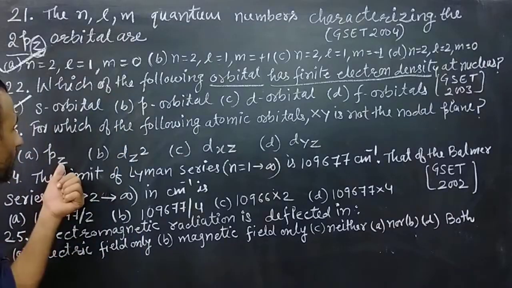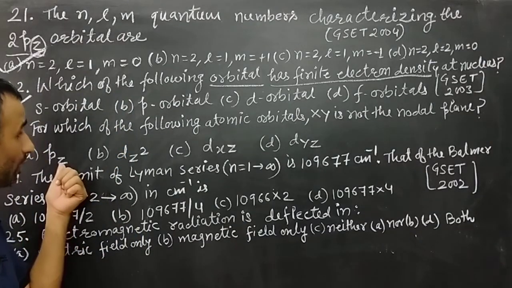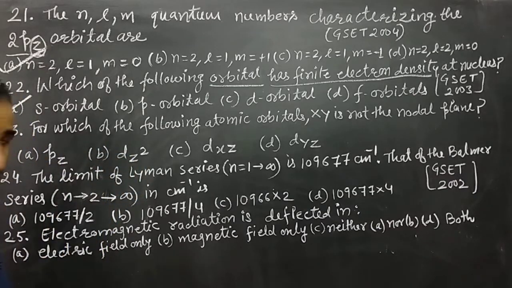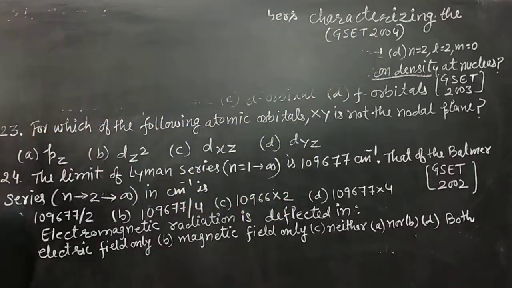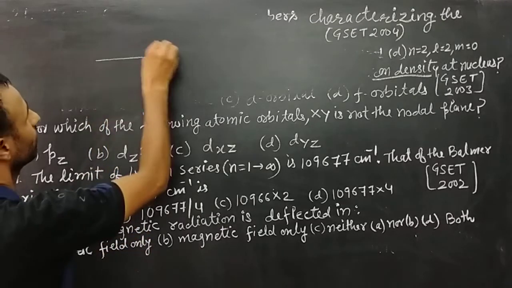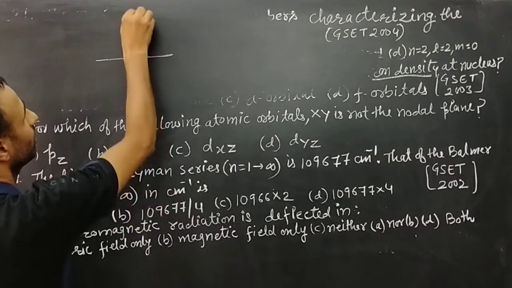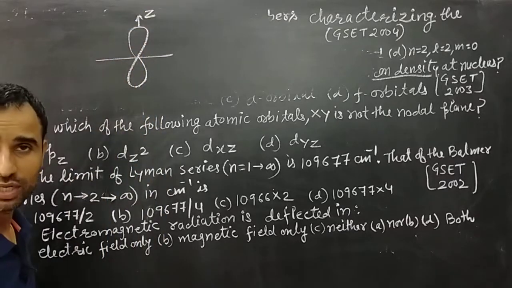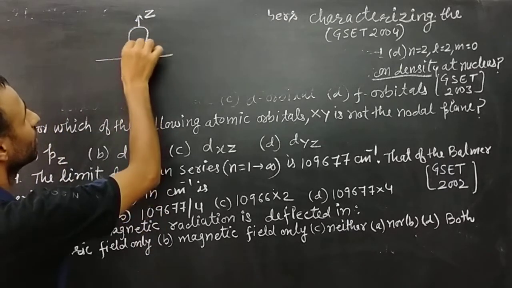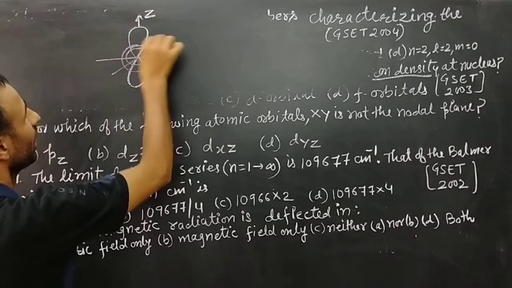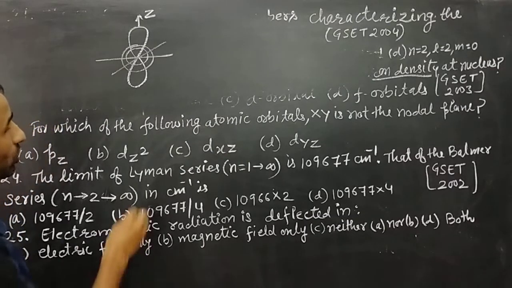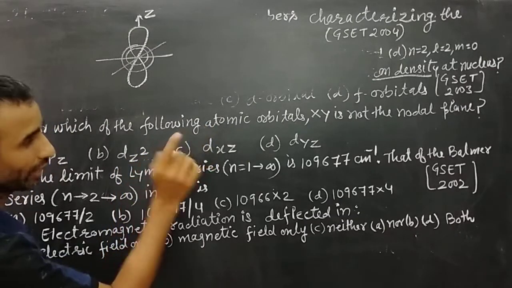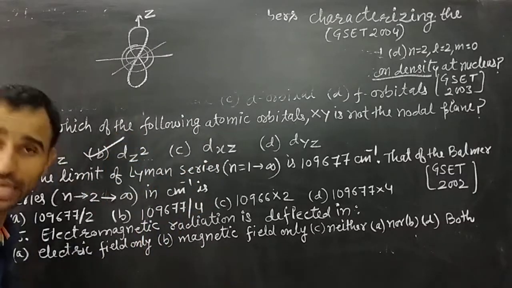So you know, for PZ, XY is the nodal plane. Now for DZ square, when we draw DZ square, it is a dumbbell along Z axis and a ring of electron density in the XY plane. So that means for DZ square, XY is not the nodal plane.